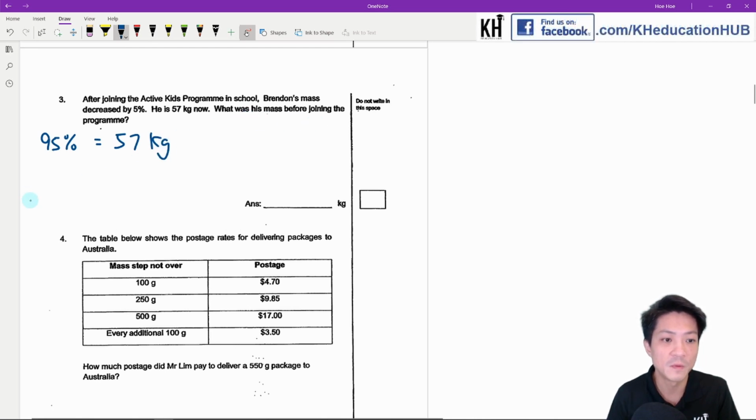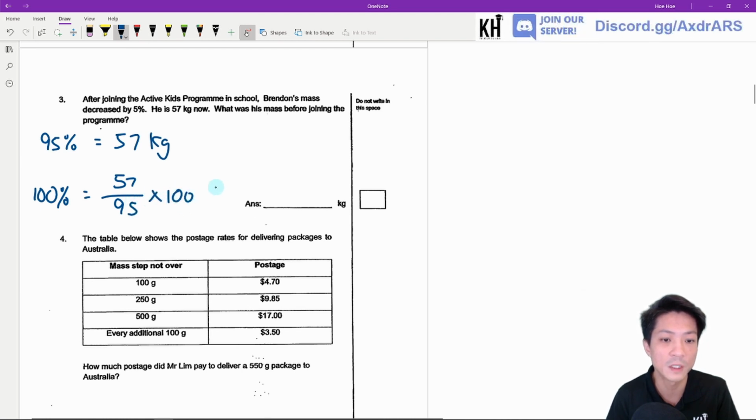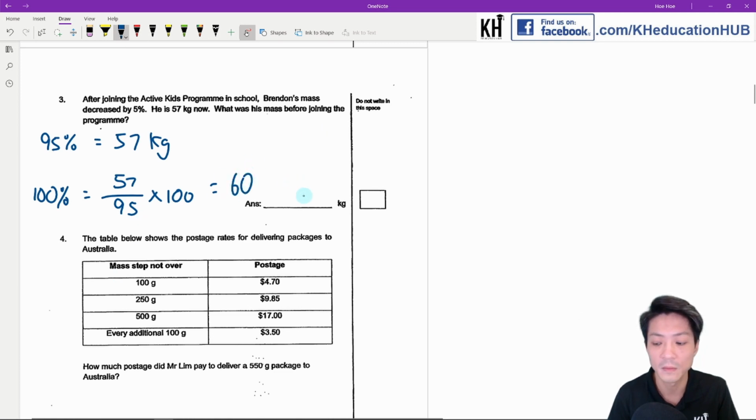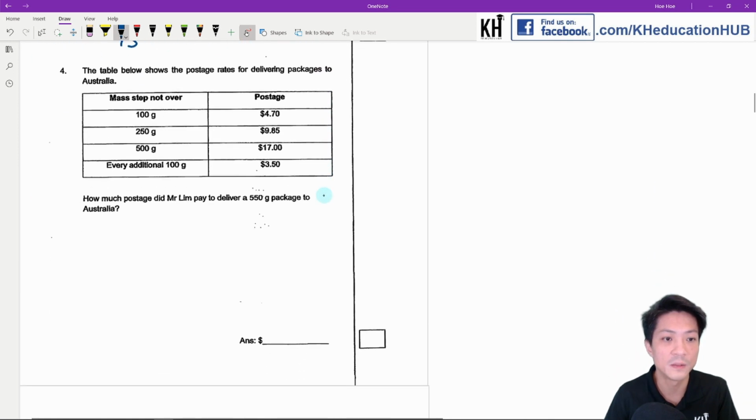Before that, he would be 100%. To find 100%, you just need to use 57 divided by 95, and then multiply by 100. So 57 divided by 95 multiplied by 100 will give you 60. This is 60 kg.